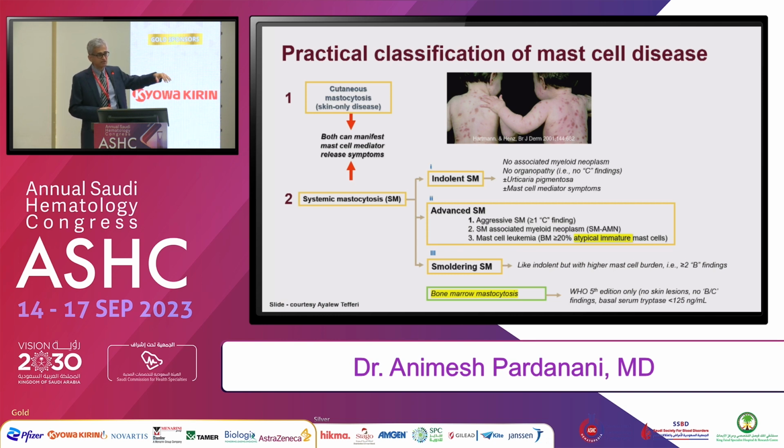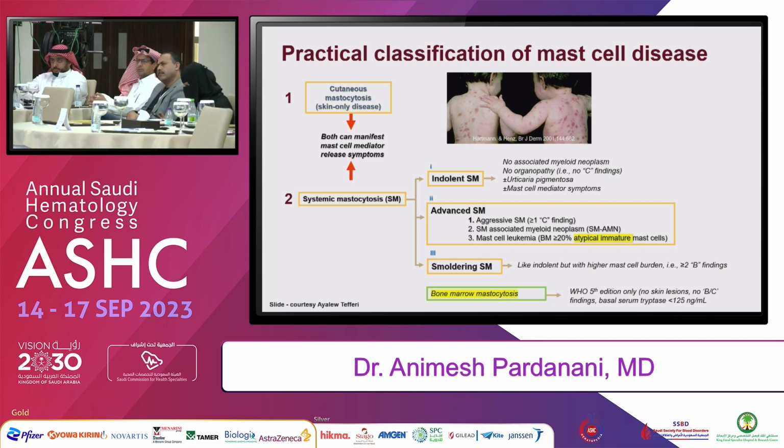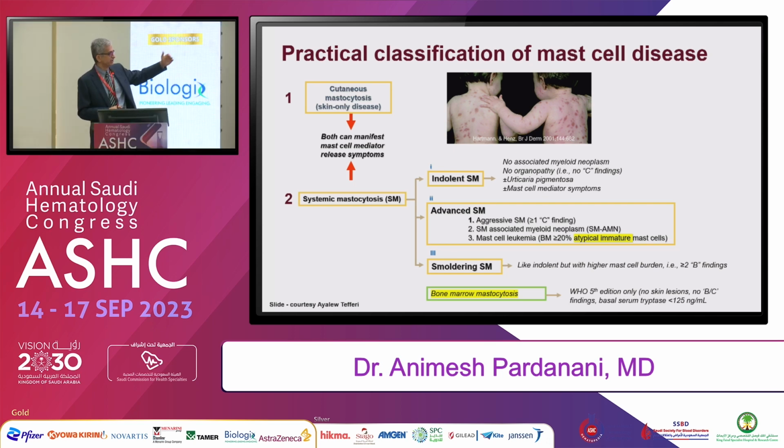What the adults mostly have is systemic mastocytosis. There, the mast cells involve the skin, but they also involve bone marrow and other internal organs. And systemic mastocytosis is of two broad types. There's the indolent mastocytosis, which is a low-grade disease. Mostly patients have nuisance symptoms, but no significant organ dysfunction. And then you have advanced mastocytosis. That itself is of three types.